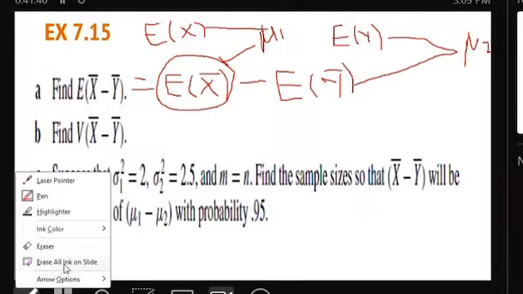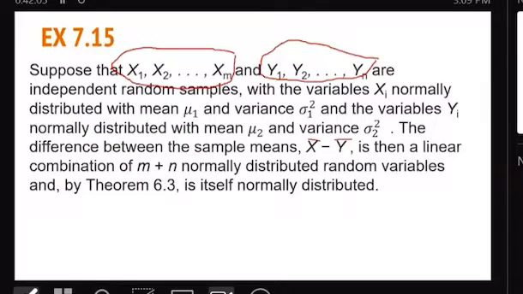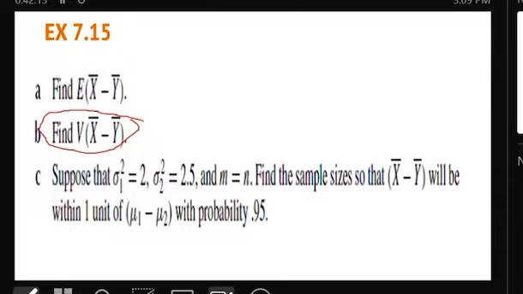Now, going to the second question. You've been told that X and Y are independent. If X and Y are independent, then X bar and Y bar will also be independent. I'm going to say that again. If X and Y are independent, because we've been told, take a look at the question, they are independent random variables, then X bar and Y bar will also be independent.